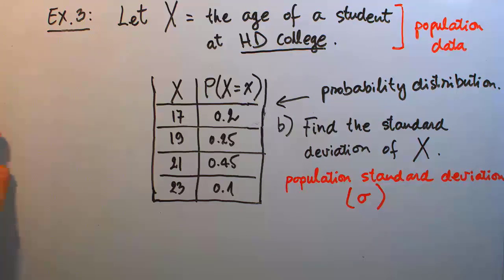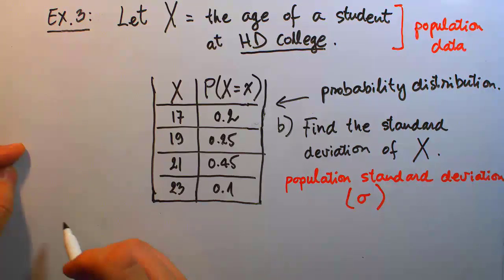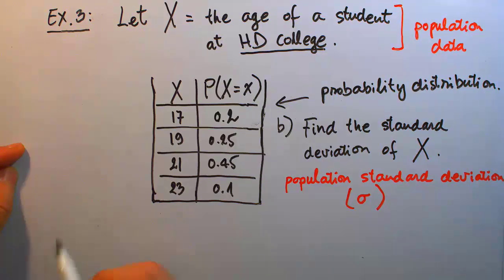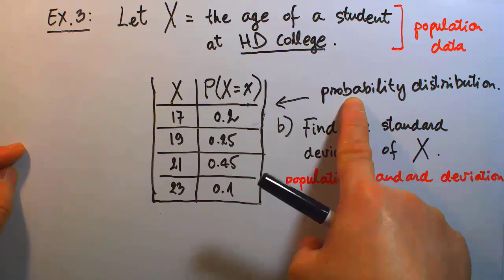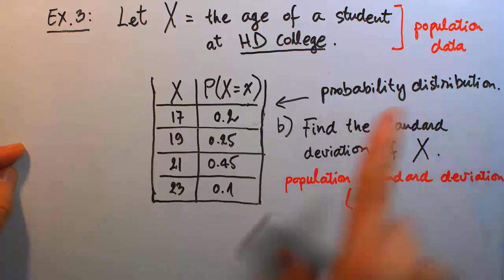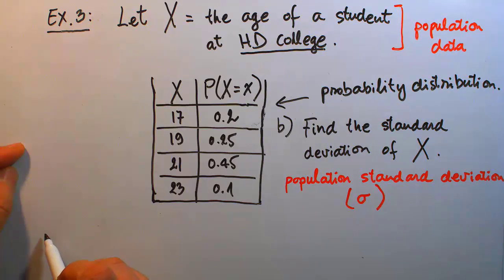As far as the work, once again, I have to warn all viewers ahead of time that we won't have any fast technological tools to help us with this, because what we have here is not a complete list of data. We only have a probability distribution of the data. So we must use the formula. 17 squared times the probability 0.2.